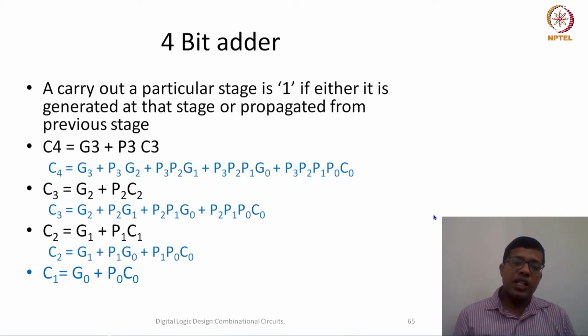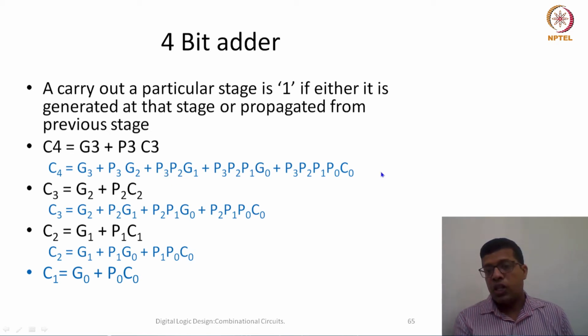This equation essentially means that at the nth stage my carry would be out if it is generated at the nth stage, or it is generated at the n-1 stage and propagated through the nth stage, or it is generated at the n-2 stage and propagated through the n-1 and nth stage.